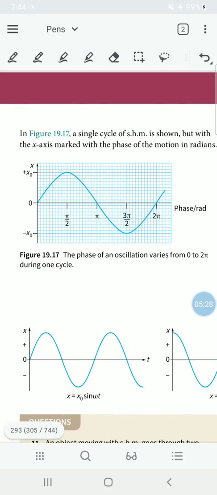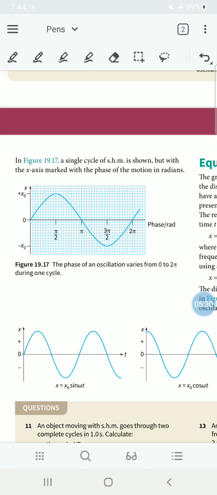In figure 19.17, a single cycle of SHM is shown, but with the x-axis marked with the phase of the motion in radians, right? So here you can see a quarter of the oscillation is pi upon 2, then half is pi, 3 pi upon 2, and then 2 pi, the whole thing.